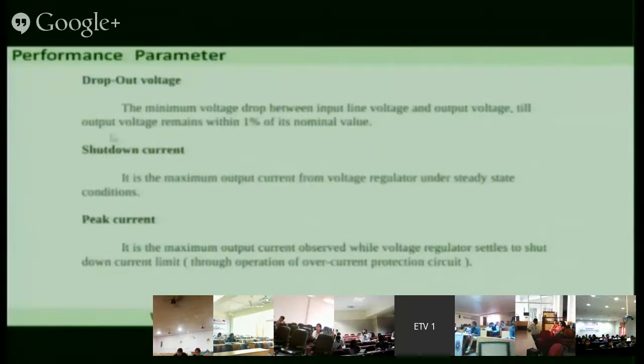That is the shutdown current. Similarly, there is a spec of peak current. There is a concept of average current, then peak current. Average current is 150 milliampere. There is a maximum output current which the regulator settles to, the shutdown current limit. So there is a concept of peak current also.